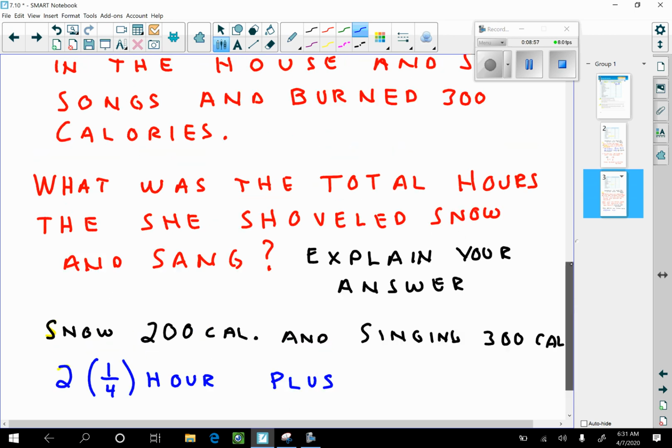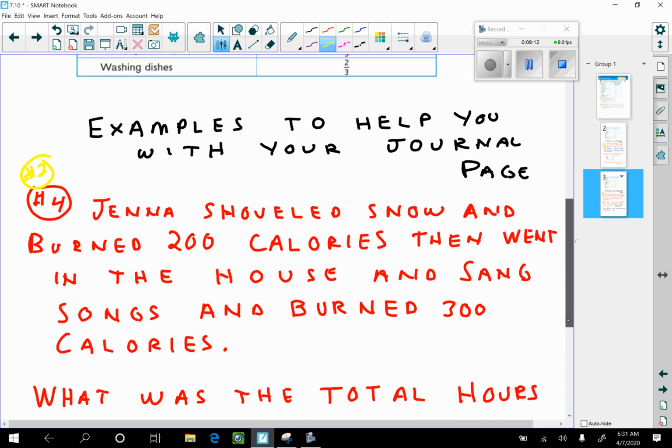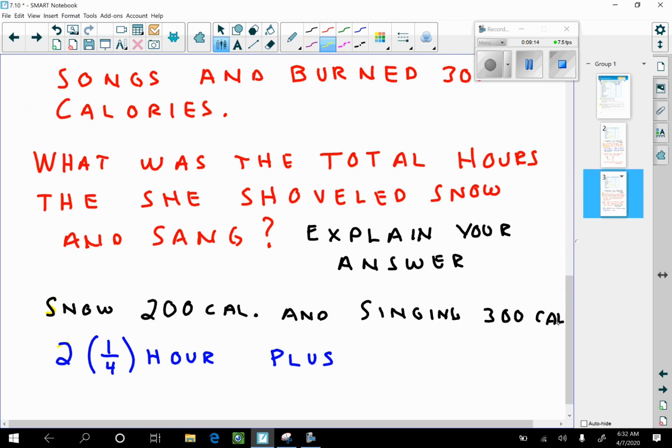The other activity is singing. And look right here, we get singing right below snow shoveling. And 5/6 of an hour it takes to burn 100 calories. And she burned 300 calories singing. She was singing up a storm.